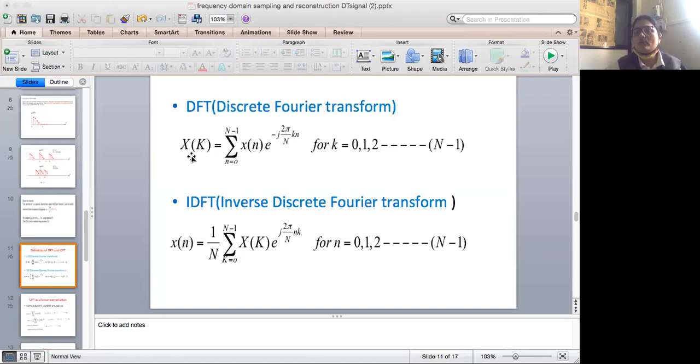Why do we perform time domain to frequency domain conversion? Because some properties or information which we cannot get easily in the time domain, we can extract from the frequency domain. For that purpose, we convert the time domain signal into a frequency domain signal.